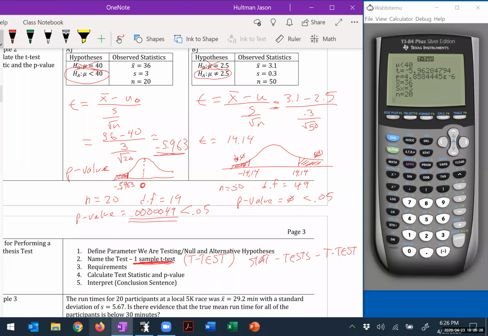So how would we do this on StatCrunch? For those of you that are working with StatCrunch, let's pull up StatCrunch here. Okay, any day now.